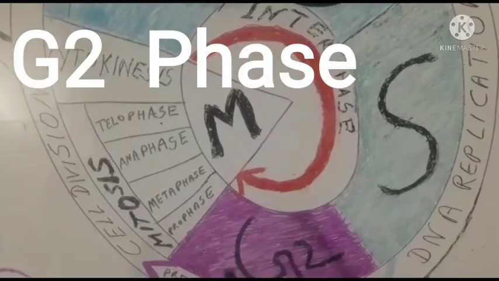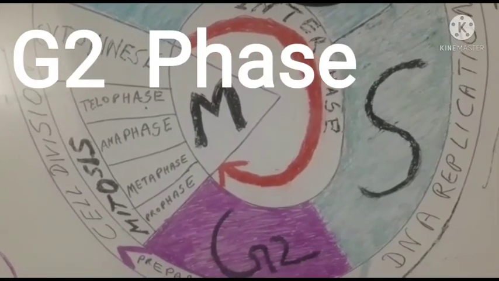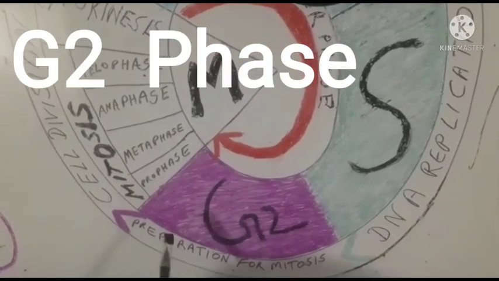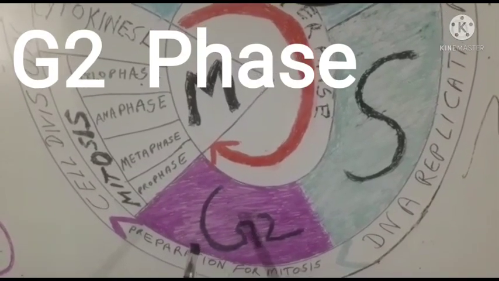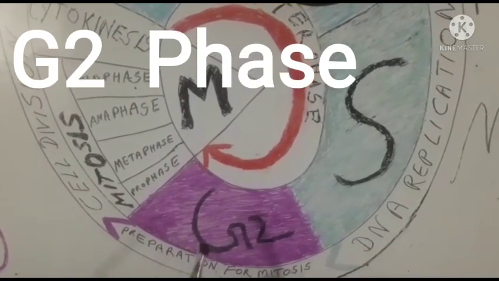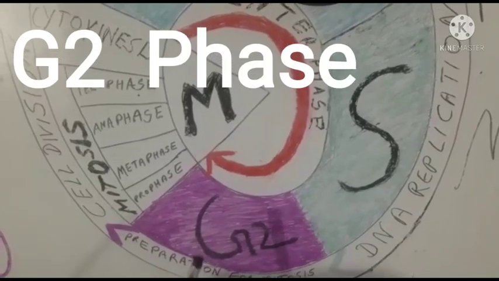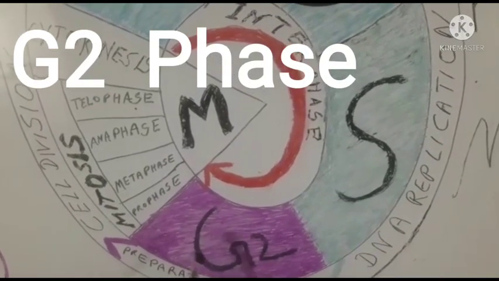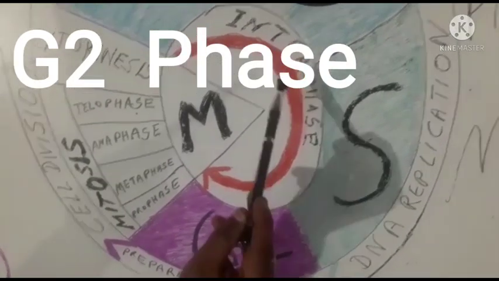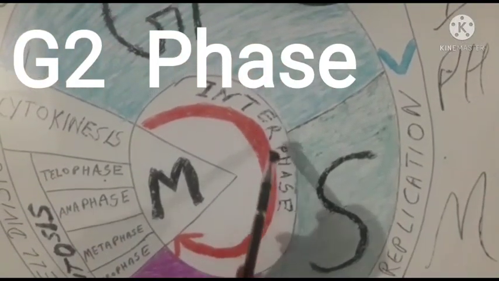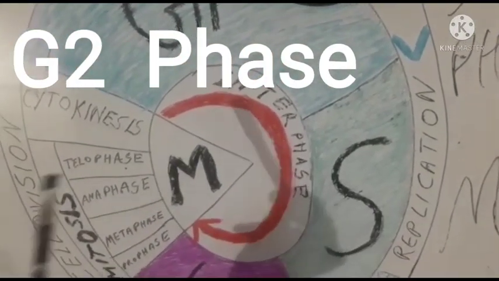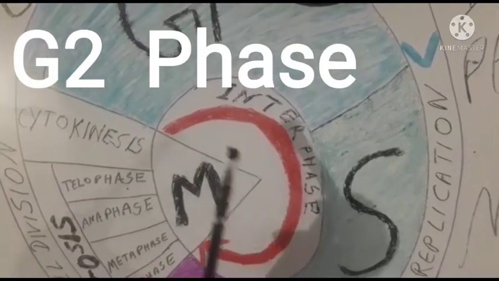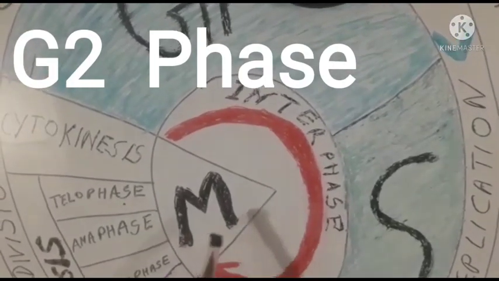Now the cell is ready to undergo the dividing phase of the cell cycle. After the dividing phase gets completed, the newly formed daughter cells enter into the interphase. Again, in this way, the cell cycle goes on and on.